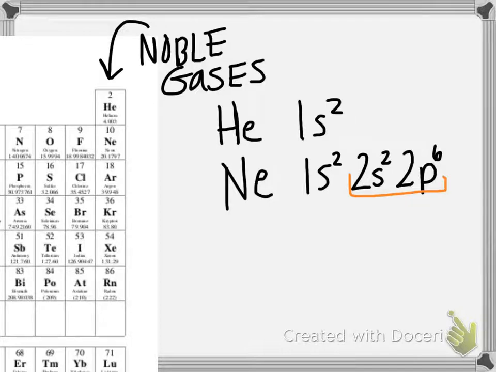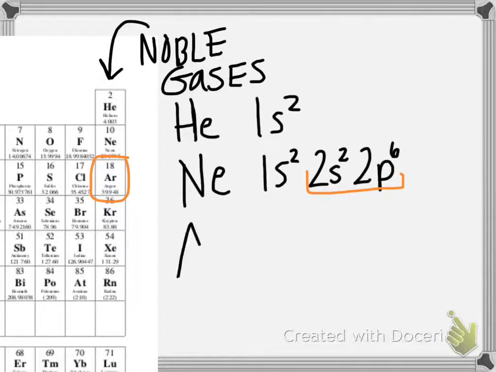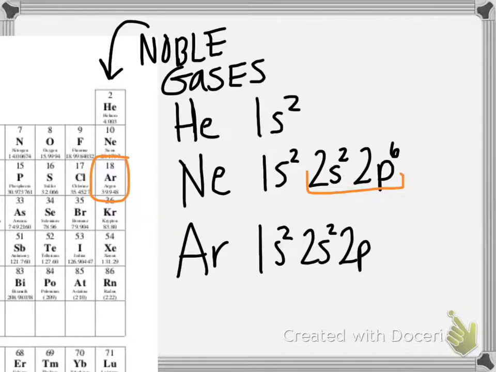So, next on the hit parade is argon. Let's move these over. And argon has 18 electrons. Okay. 1s2, 2s2, 2p6.